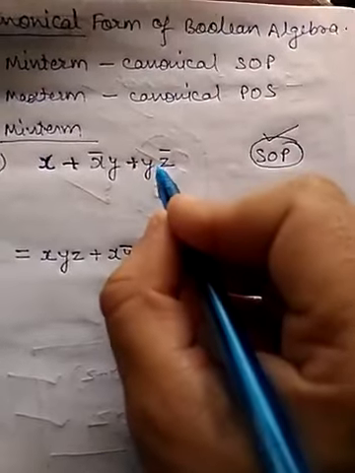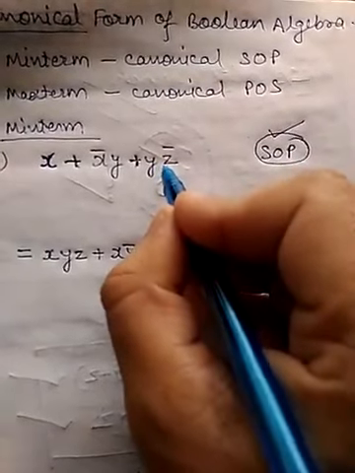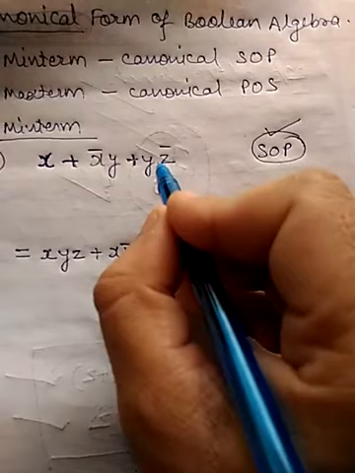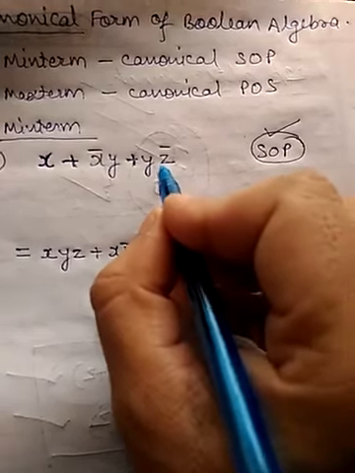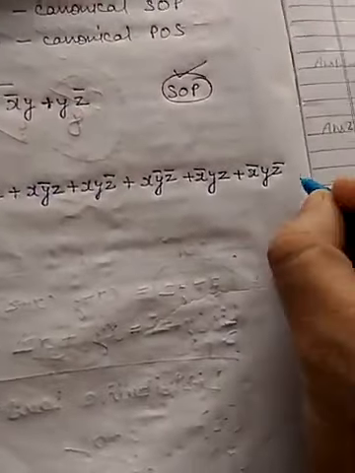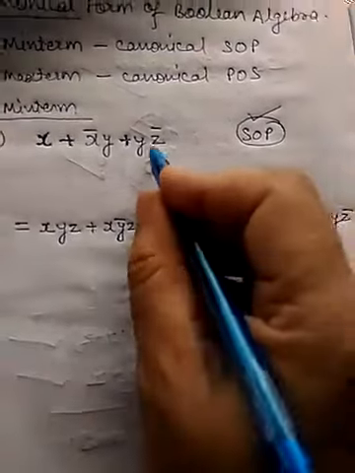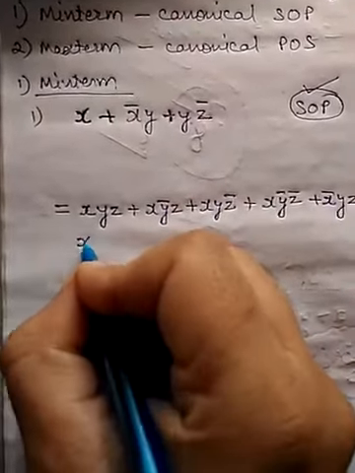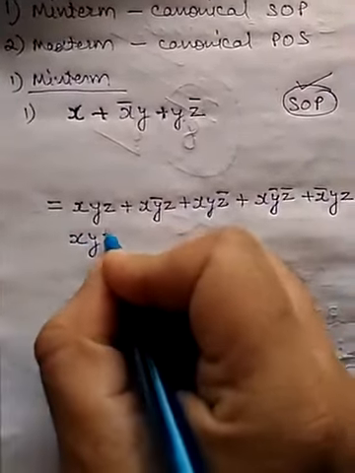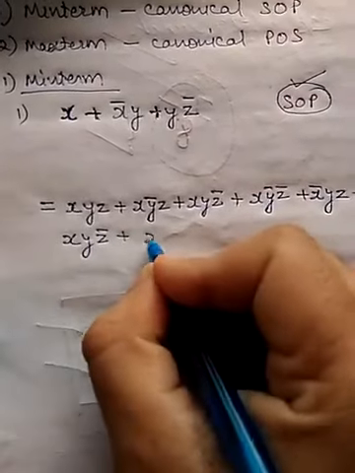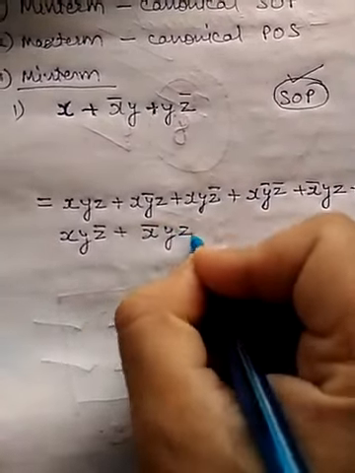Here also x is missing, so here two combinations could be possible. One is of x, another is of x'. So we can write this plus, for this it is xyz' plus x'yz'.